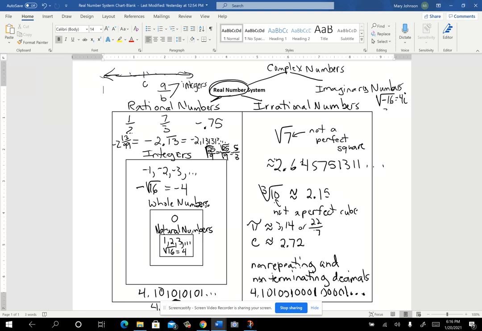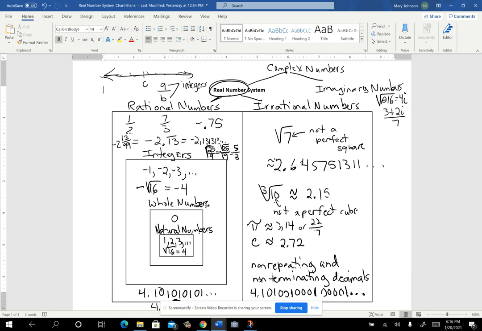All right, so they sometimes look like this, like (3 plus 2i) over 7, stuff like that. Anything with an i in it, and it comes from having negatives under things like square roots. Okay? All right, so that's probably enough of that.